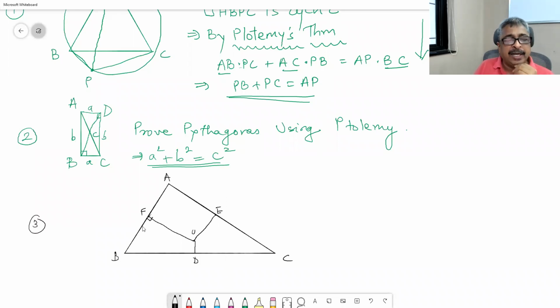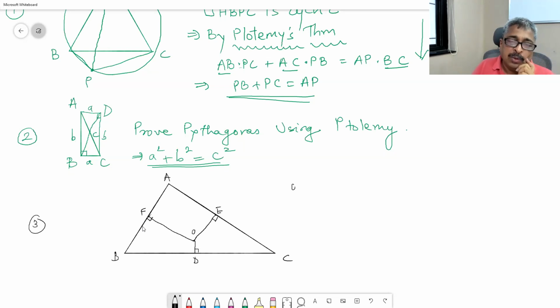In any general triangle ABC, the circumcenter is O. Put up perpendiculars from the circumcenter on AB, BC, CA; the feet are D, E, F correspondingly.